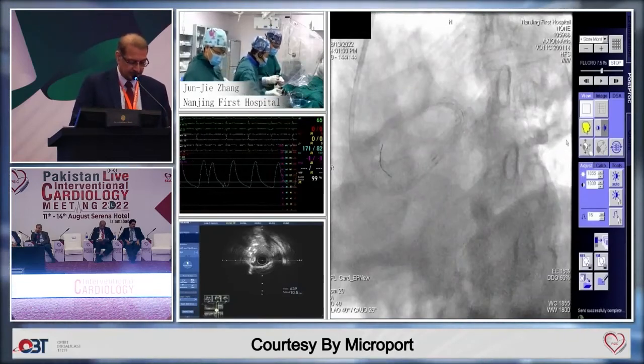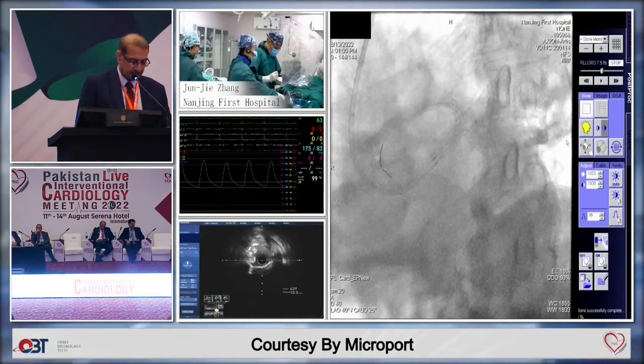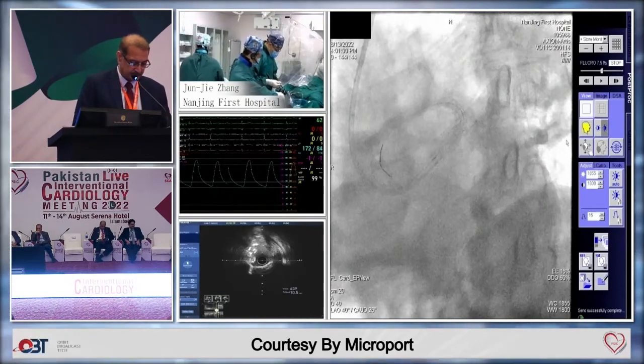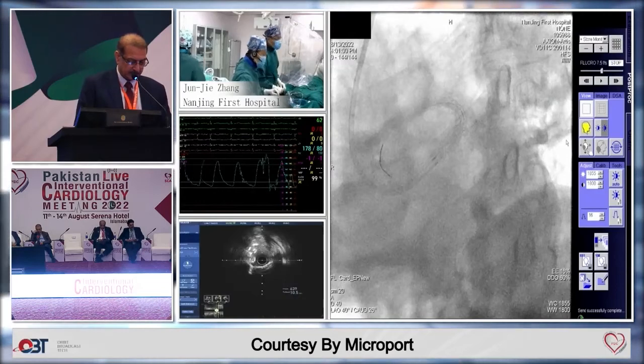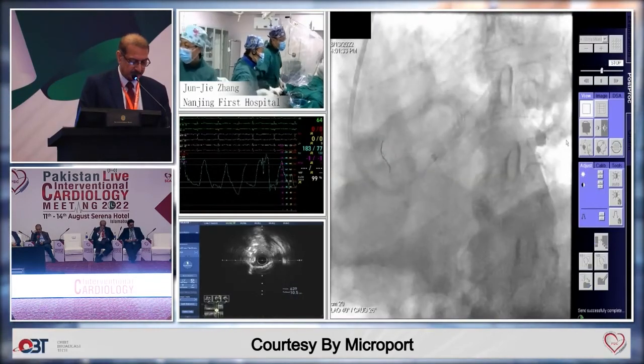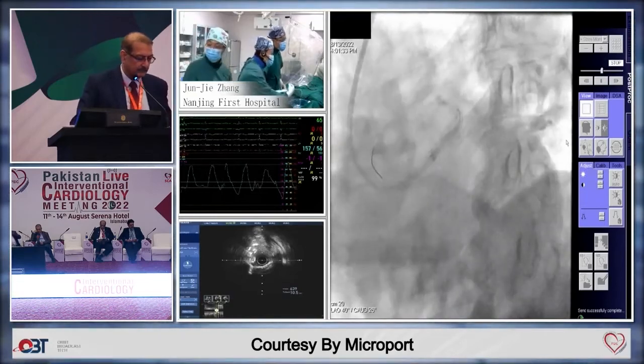See the problem. 3.0 high pressure and 3.5 high pressure, final kissing. And the patient is stable.